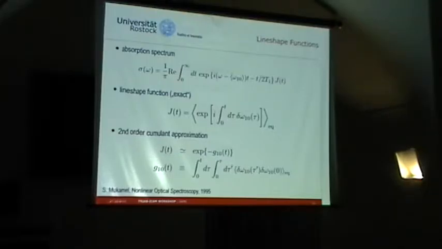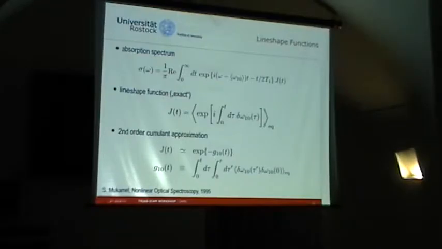The line shape function is just this integral over the exponent where you integrate over the fluctuation of the transition frequency. Okay, there's an approximation to that, as you probably all know, which starts from a cumulant expansion of this expression here, and then stops at the second order, and then you get these famous g functions in which you can express all the linear and nonlinear response of two-level or multi-level systems, and this is then the line shape function g given just as the double integral here over the autocorrelation function of this gap fluctuation.